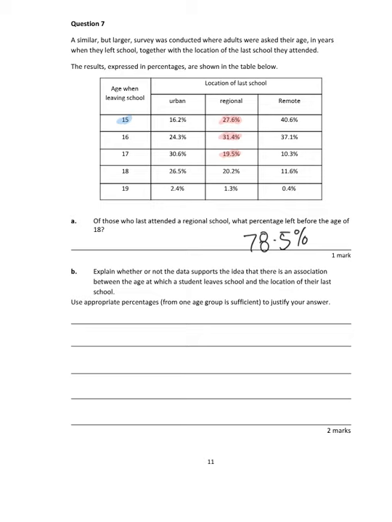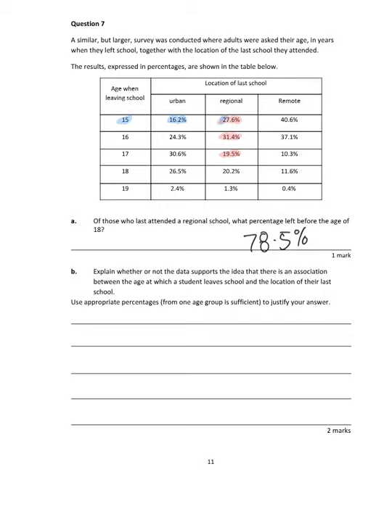If the percentages are the same, then there's not going to be any association between age of leaving school and location. But looking at 15, in urban areas only 16.2% of school children will leave at that age.